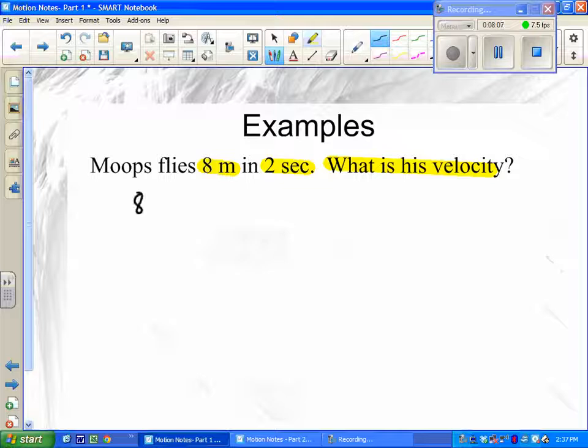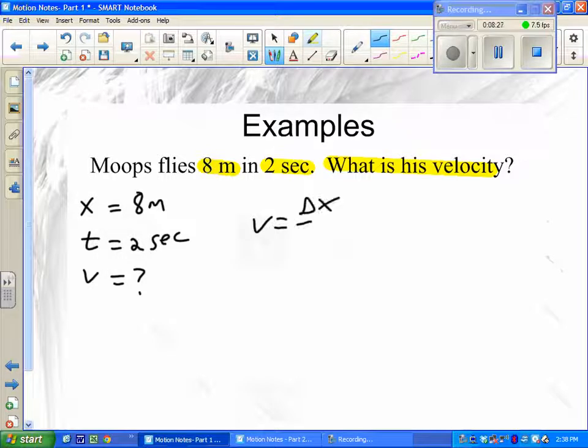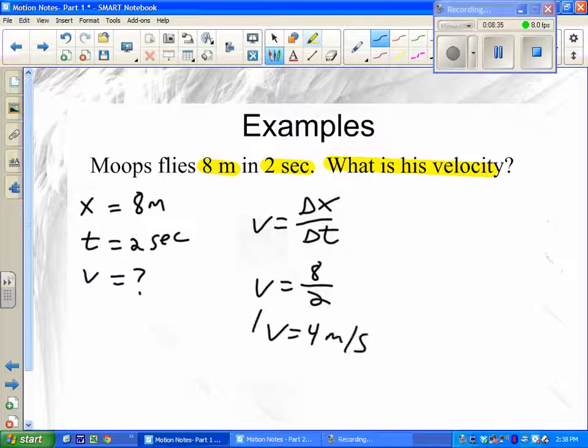So I'm going to write those down. 8 meters, 2 seconds, what is the velocity? And I'm going to use those units. Meters is a distance, seconds is the time, and the question is asking what is his velocity. So velocity equals delta x over delta t. I substitute, I solve, I put the units, and I box my answer. Easy peasy.